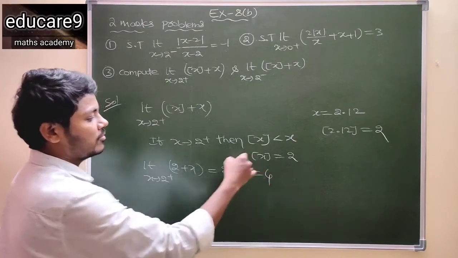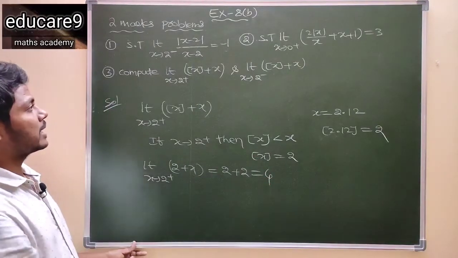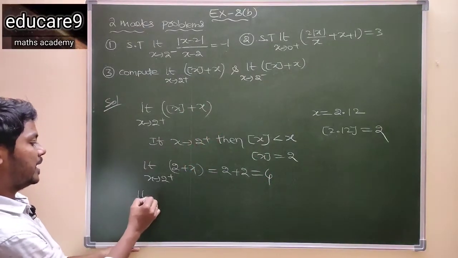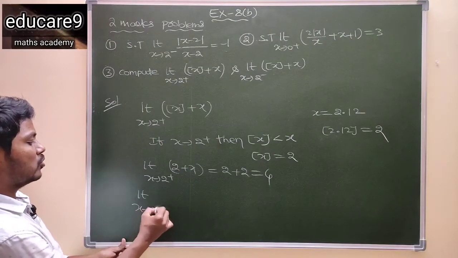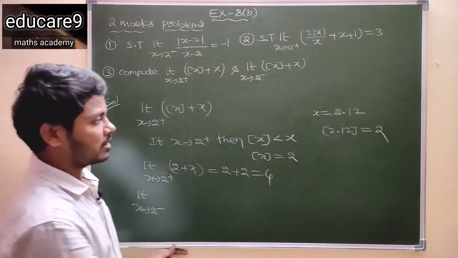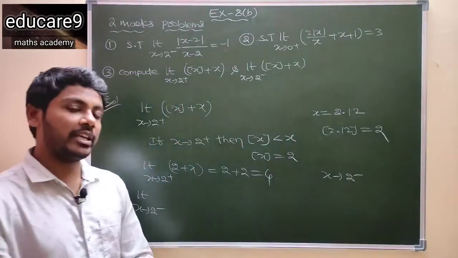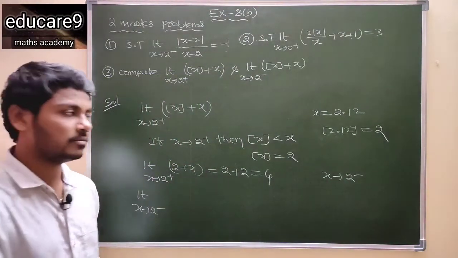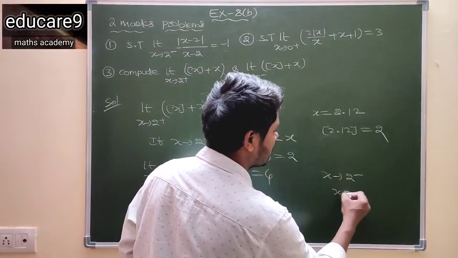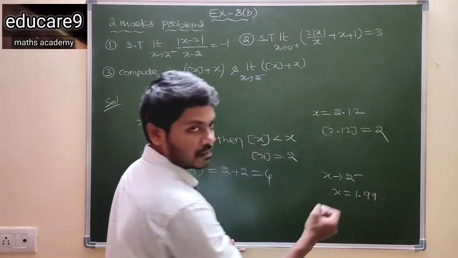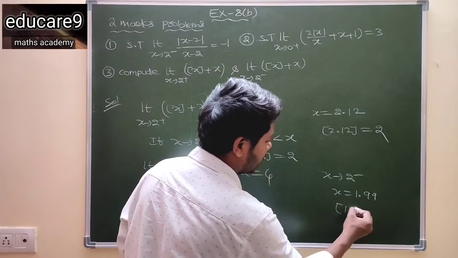We will get 4. And the second one, limit x tends to 2 minus. See here, if x tends to 2 minus, it is nearer to 2 but less than 2. For example, x is equal to 1.99. What is step of 1.99?